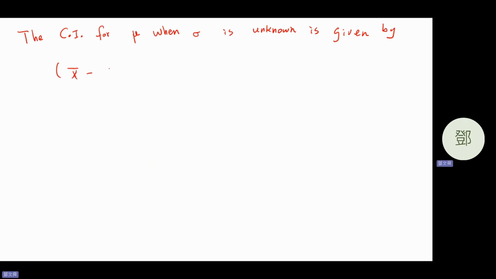Now, the confidence interval for mu, when sigma is unknown, is given by x bar minus, this time give more space to the right of x bar.